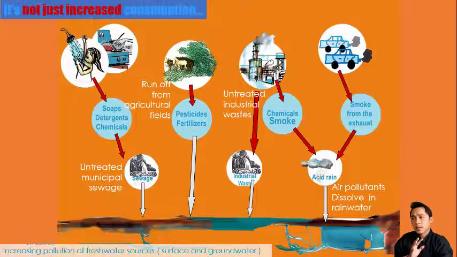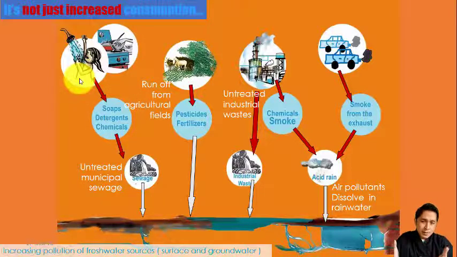For example, we use water for domestic purposes like bathing. To bathe, we use soap and detergents, which pollute the water, and that water goes to the river system and pollutes the whole river system.